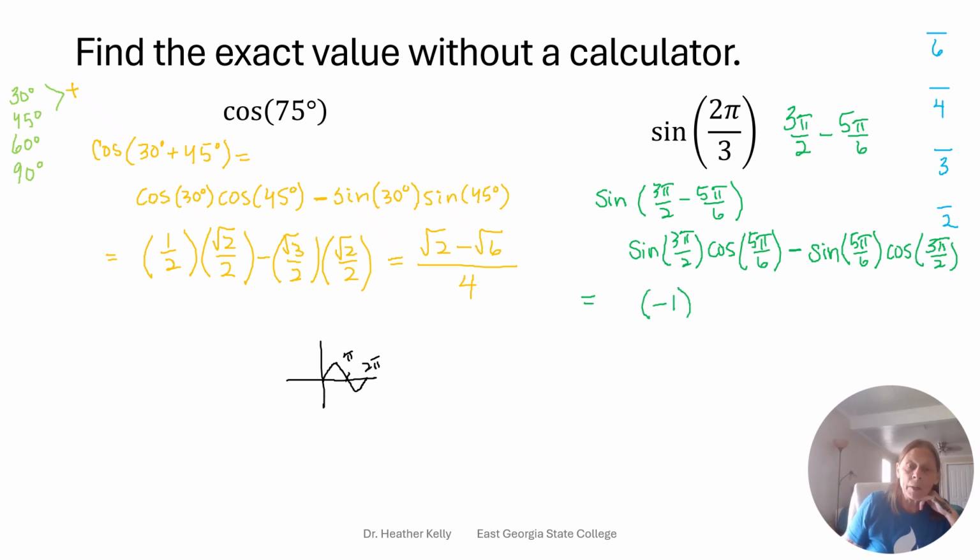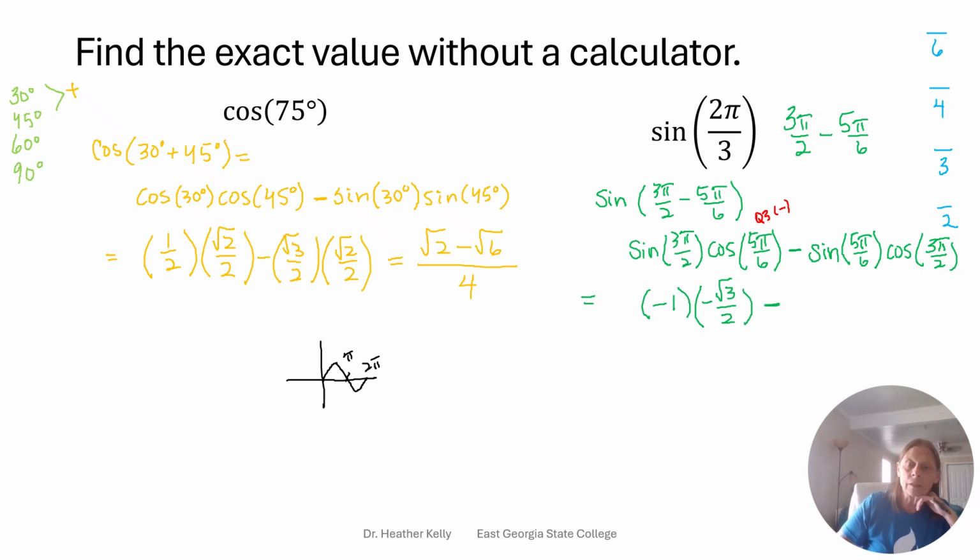Cosine of 5 pi over 6. 5 pi over 6 is in quadrant 3. So the cosine is going to be negative, and the cosine of pi over 6 is square root of 3 over 2. So this is going to be equal to negative square root of 3 over 2.